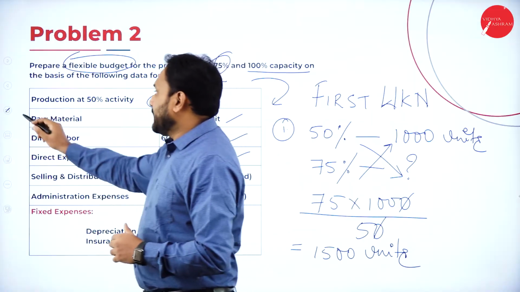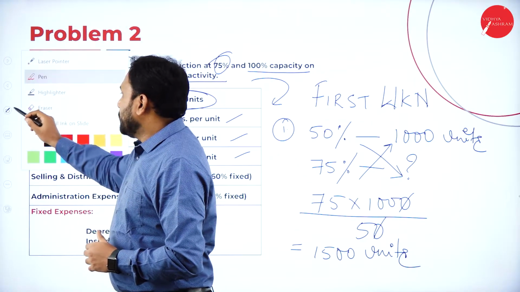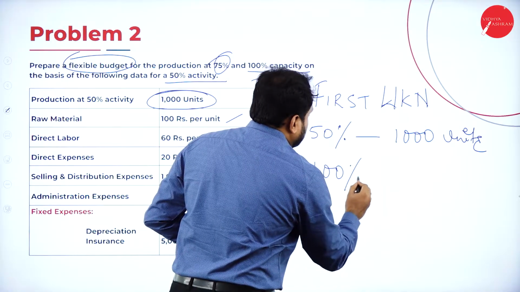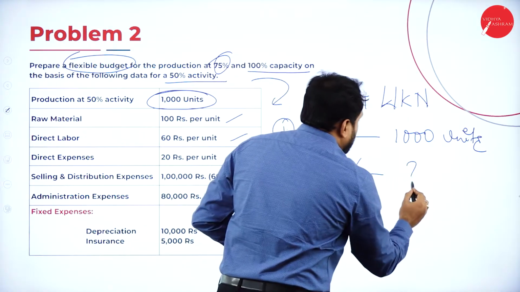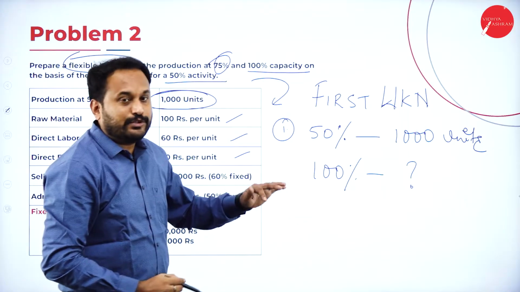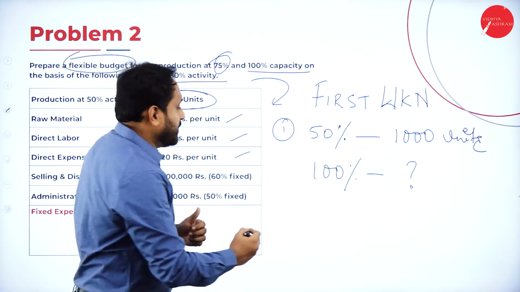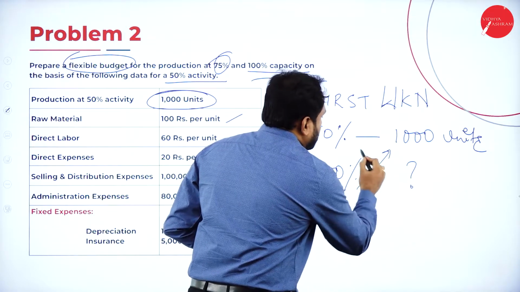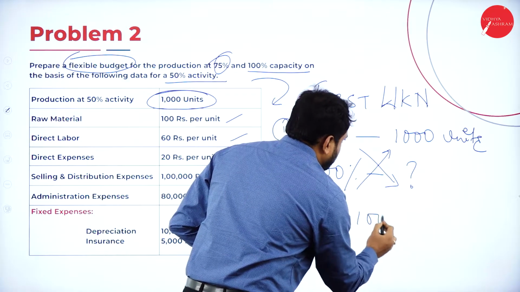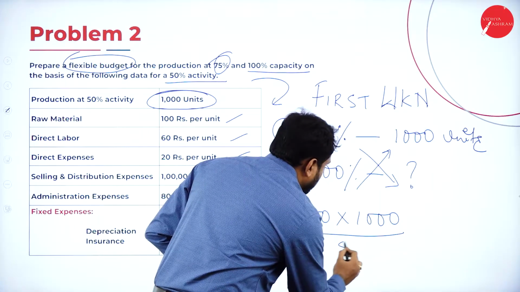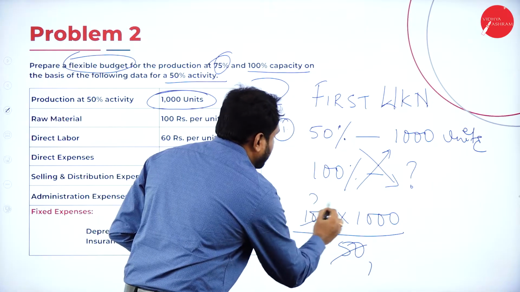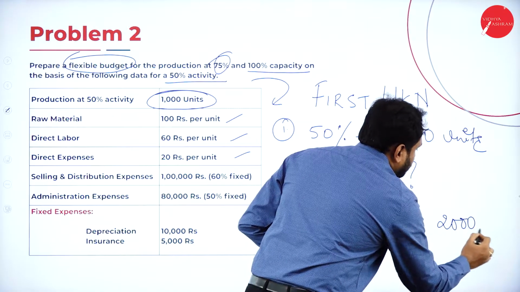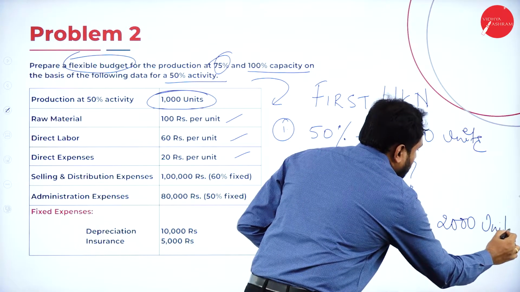Now let's go with the second working note here. If it is 50%, 1,000 units, 100% how much? So you double it. That means 100 into 1,000, if you cross multiply, divided by 50. 2 into 1,000, it is 2,000 units.